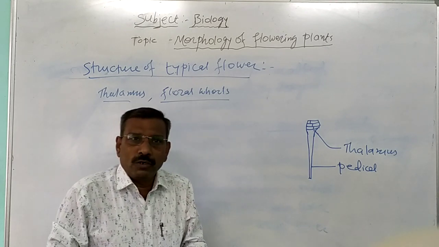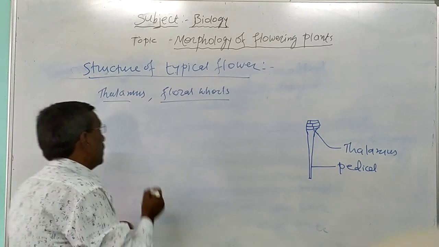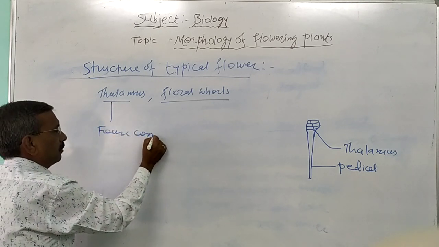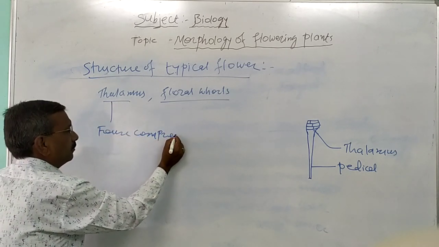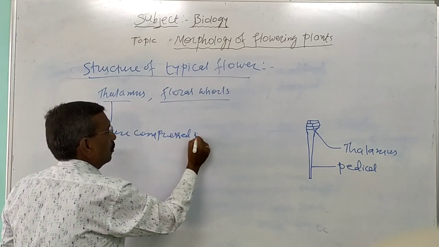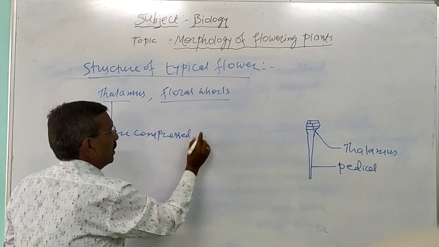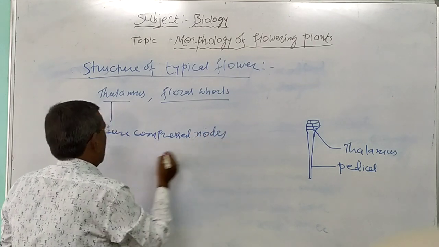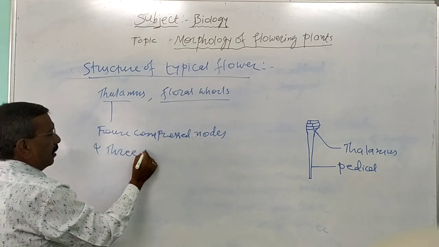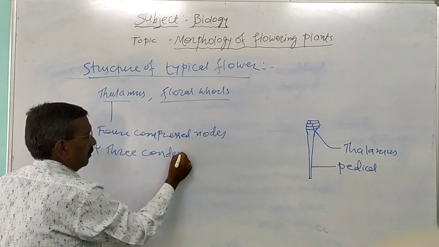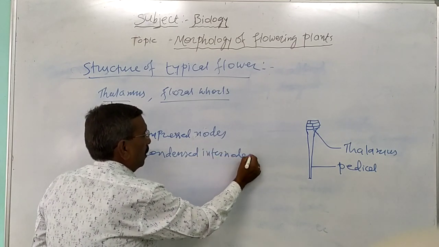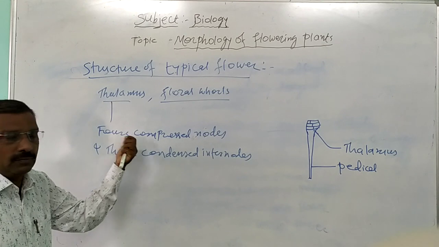Now a thalamus consists of 4 compressed nodes and 3 condensed internodes. Now this is about a thalamus.